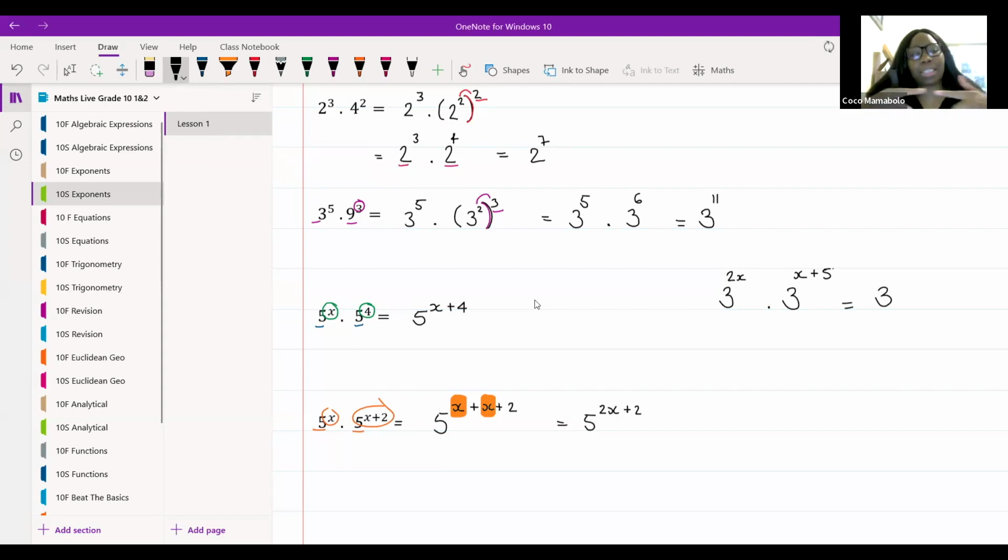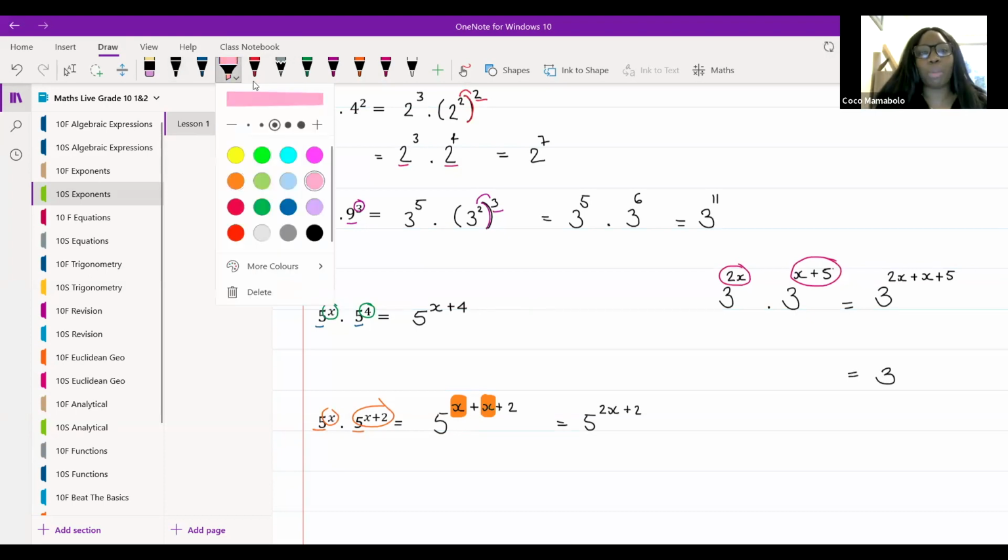When my like bases are being multiplied, we must add the exponents. So when I add my exponents, I've got 2x plus x plus 5. Right. So now I'm going to get 3 to the power of.